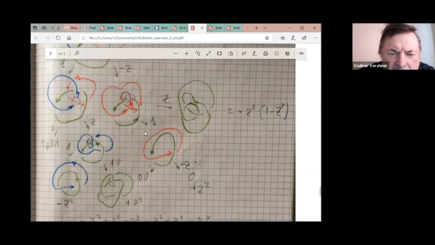Here we get our wonderful Hopf link. Here we have this stuff. So what it will be when we are making smoothing? We are making smoothing now. The green one eats the red one. You have this link like this.